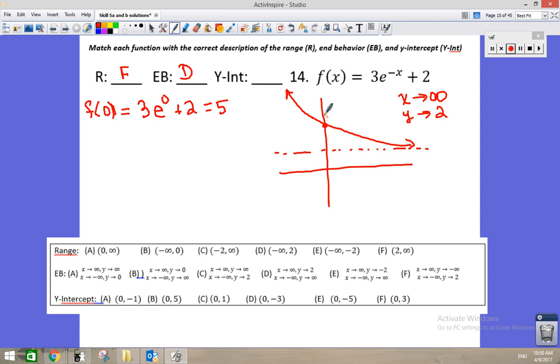We let x equal 0, because if you're on the y-axis you haven't moved left or right, and so it's still (0, 5).